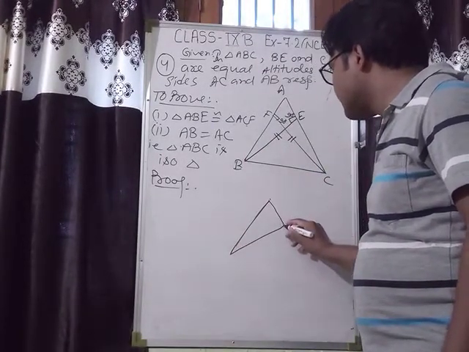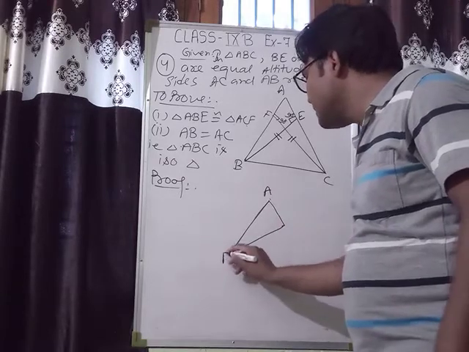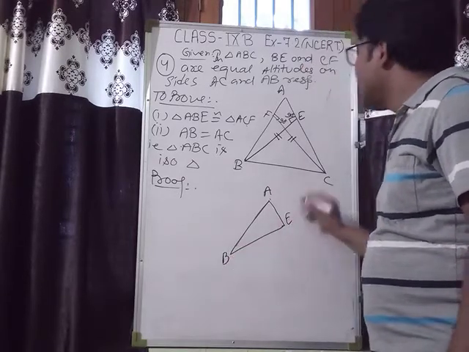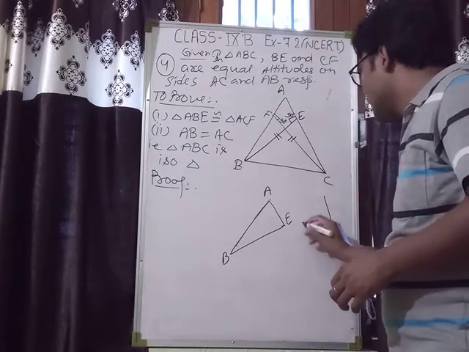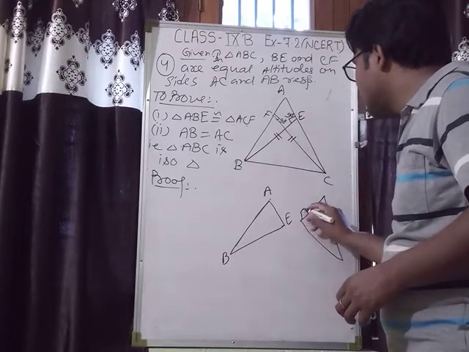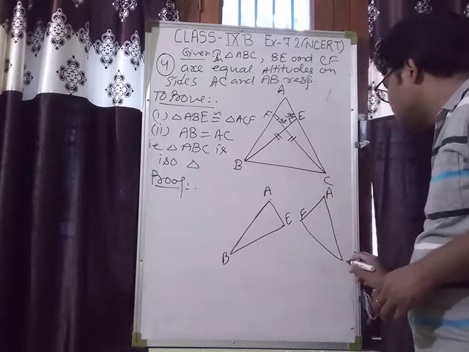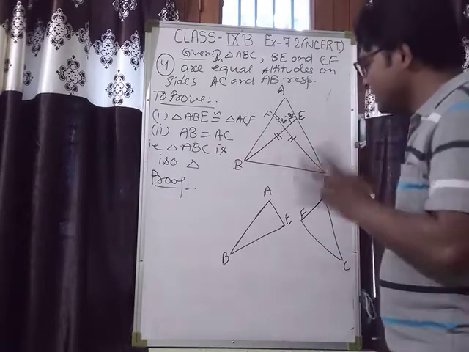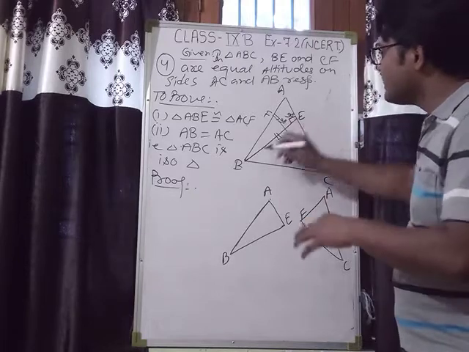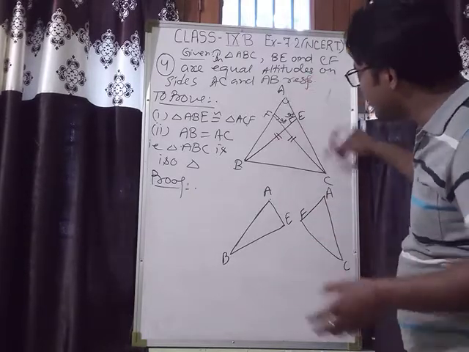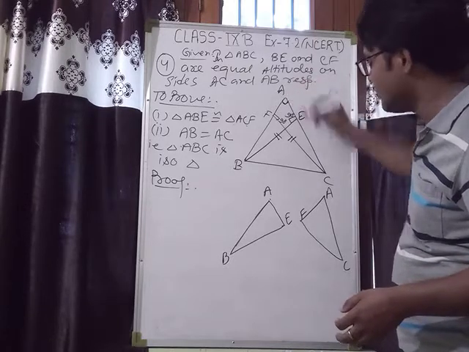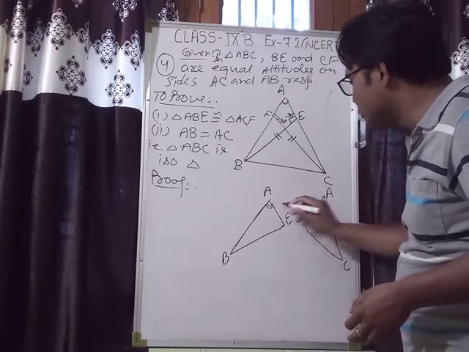This is ABE, and ACF is here. Again you can see in triangle ABE this A is present, and in triangle ACF this A is present, means angle A is common in both triangles.